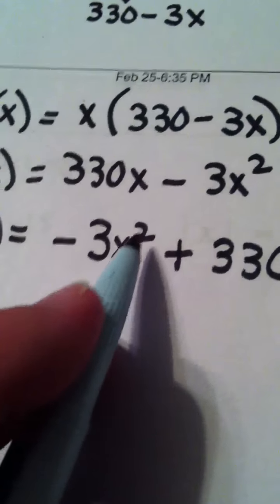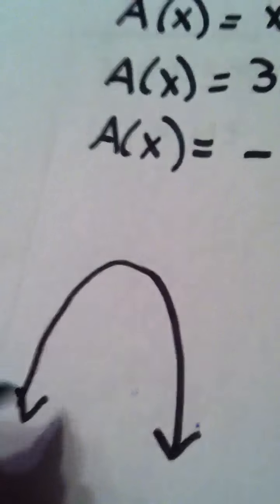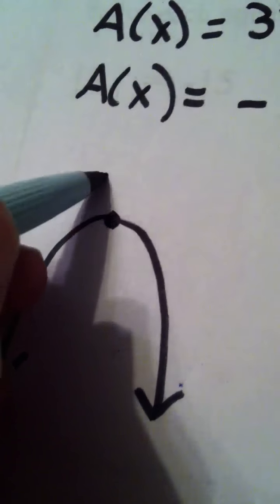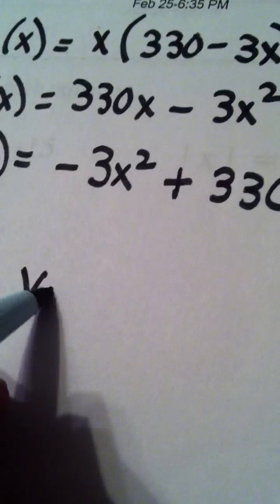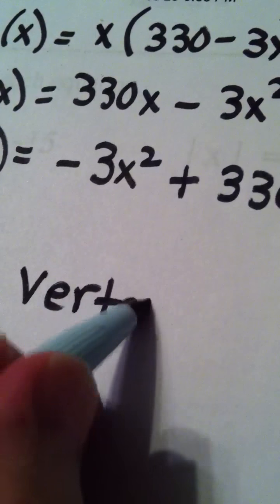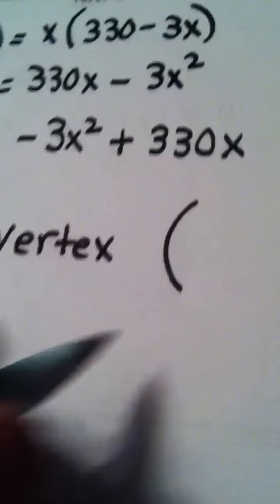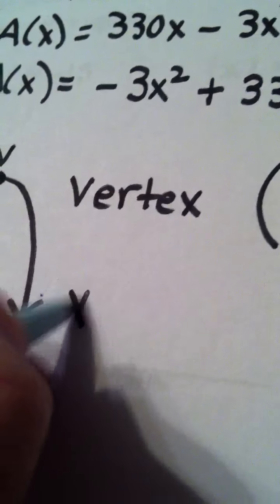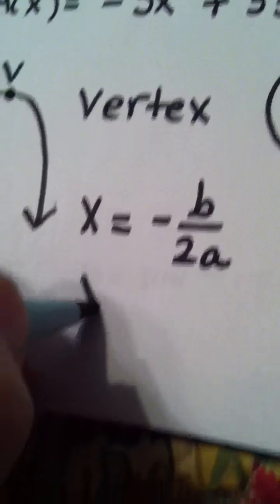Now, this area function, if I graphed it, is a parabola opening down. So, of course, it's going to have a maximum, and if a parabola is opening down the maximum occurs at the vertex. So what I need to do here is locate the vertex. In order to do that, I use the vertex formula. Remember, the vertex formula tells me x is the opposite of b over 2a.